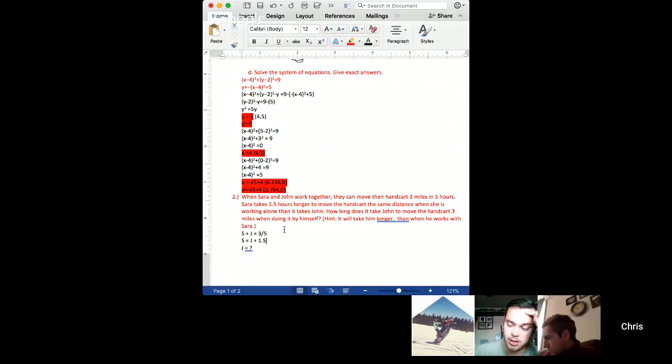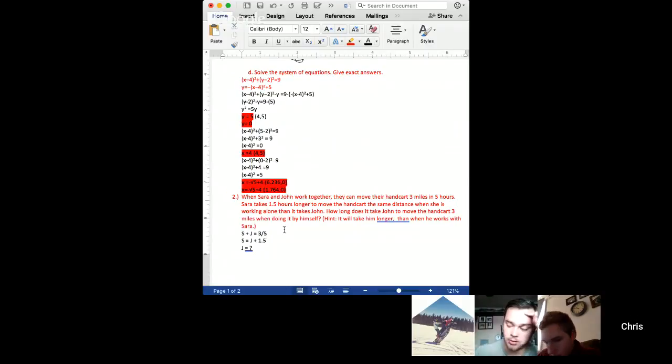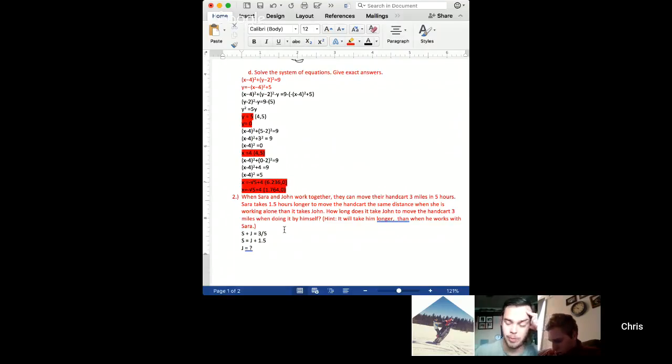So that's the time is 5 hours times S plus J. And then for Sarah it equals 3 miles, because we need to find Sarah's rate, which we don't know. So hers would be rate equals distance times time, which is 1.5 plus J, times 3. And then we have John.